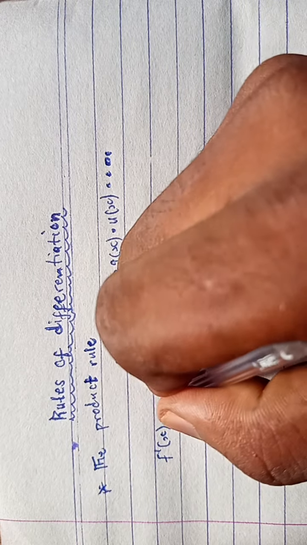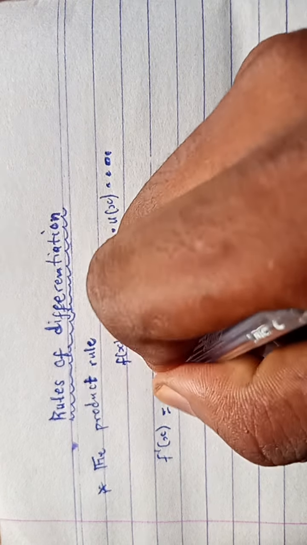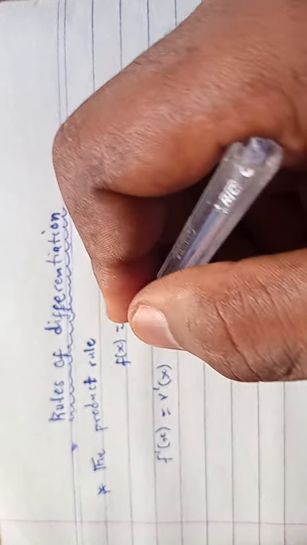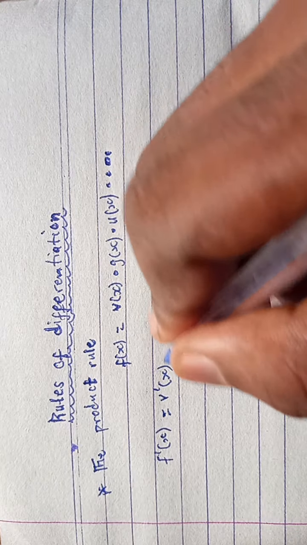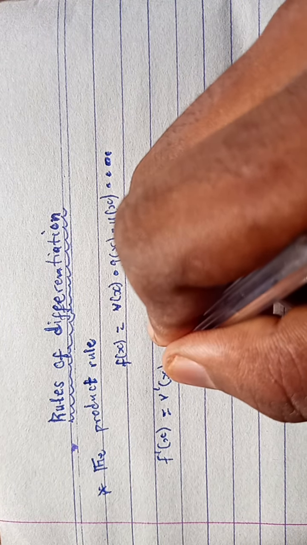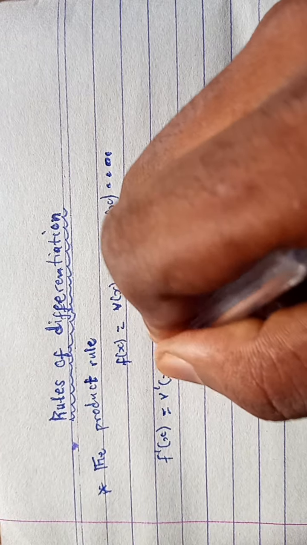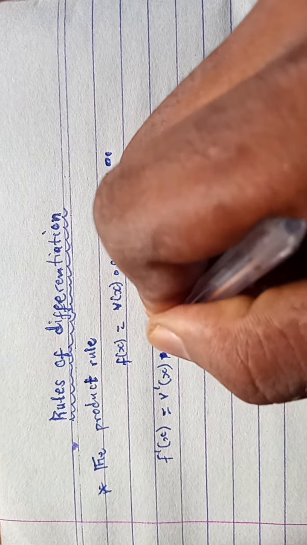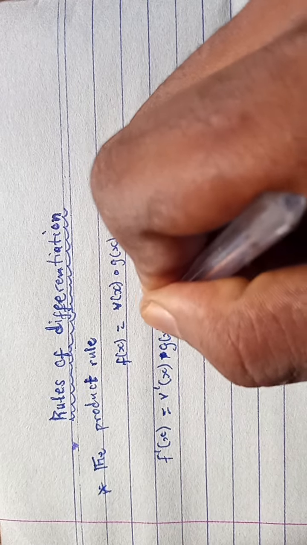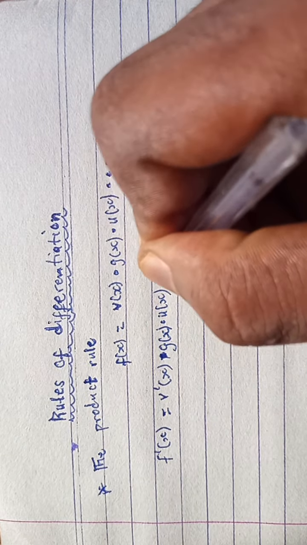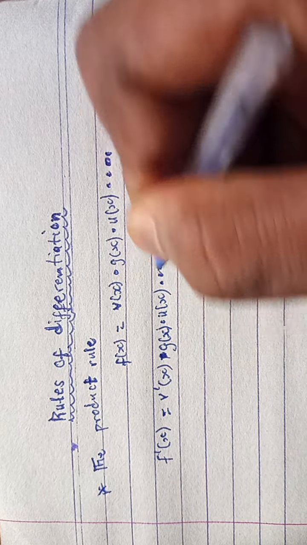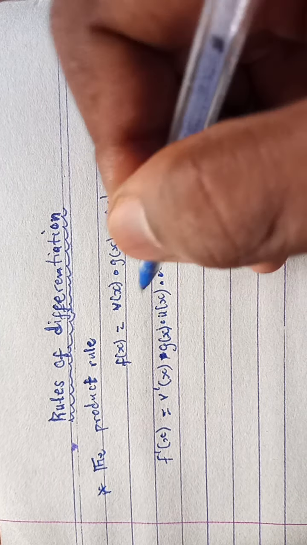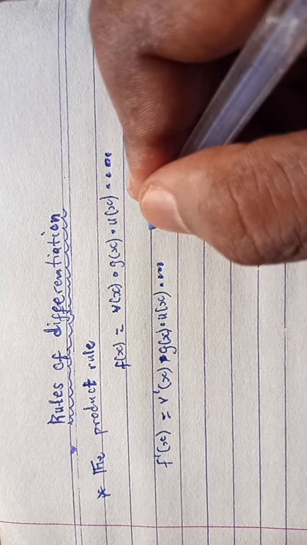So we have v prime of x, where the prime means differential, multiplying by g of x times u of x. That way you maintain the rest.